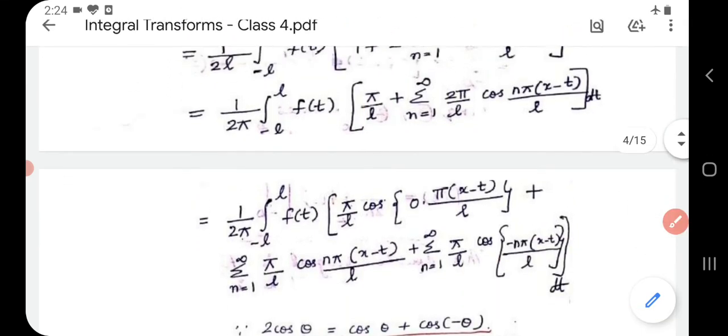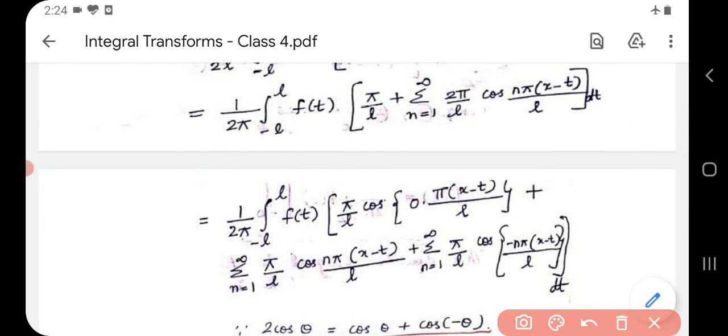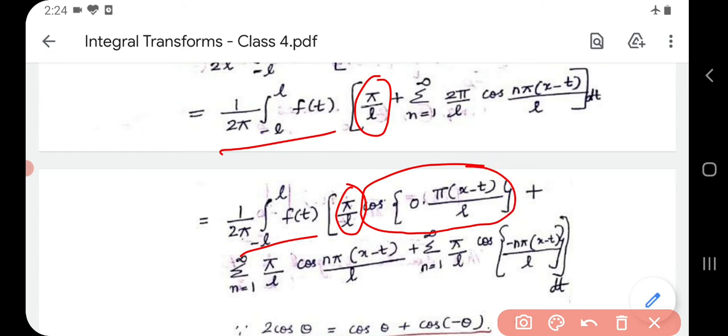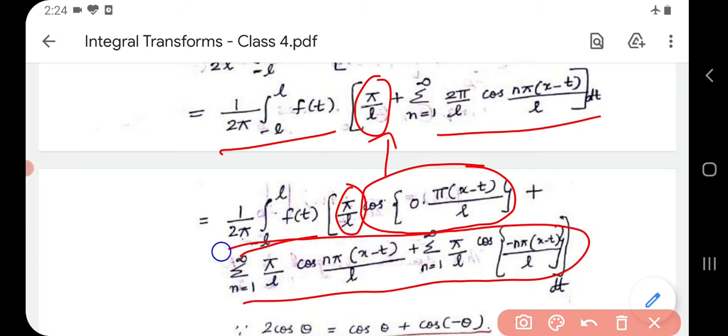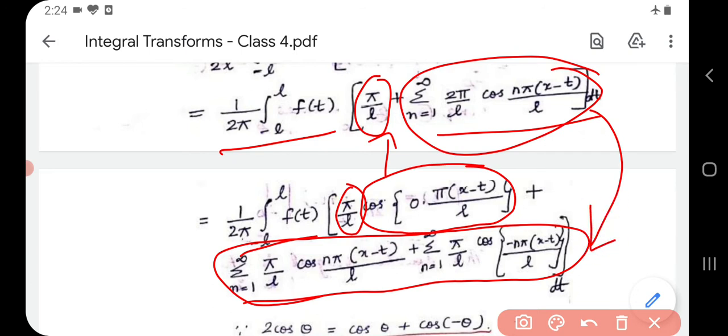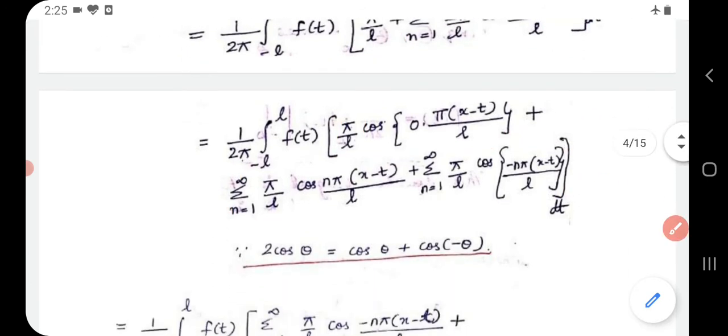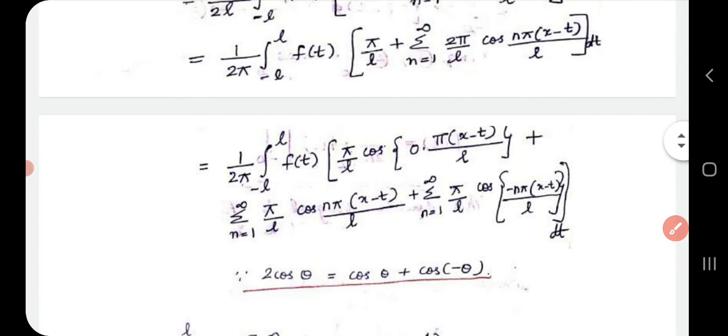Then this one they are rewriting, this term is kept as such. Now, in place of pi by L, they are introducing a term like this, cos of 0 pi x minus t by L, because that is the same as 1. So it will be pi by L itself. Now the remaining term they have written in this way. This is nothing but 2 cos theta is cos theta plus cos minus theta.